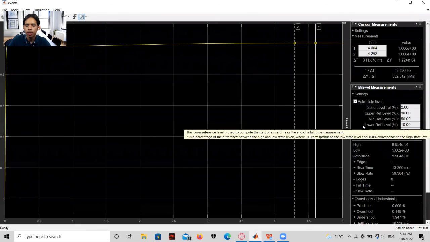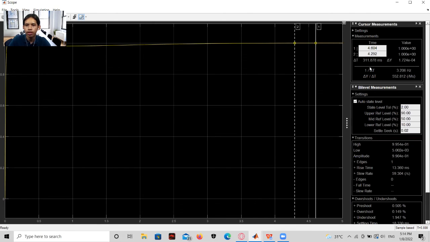Next, I also achieved the requirement of settling time that must be below 5 seconds by getting 4.292 seconds. Lastly, the steady state error is 0% because the y-axis has reached 1. So the steady state error is 1 minus 1 times 100%, which is equal to 0%.